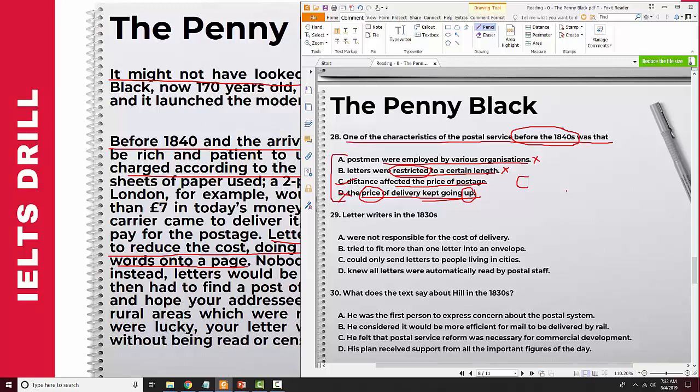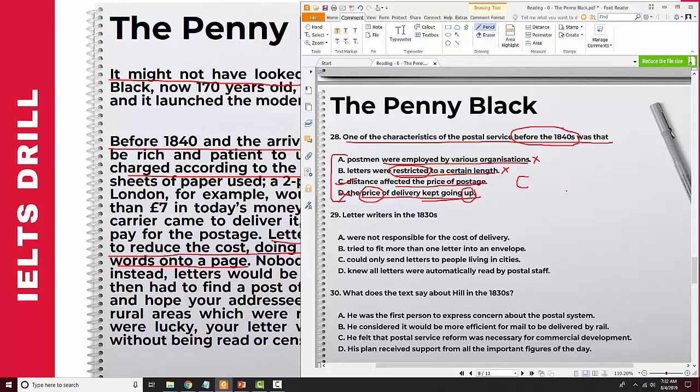So what do the test writers want? They want you to eliminate the wrong answers and select only the correct one. If you do that, you are double-checking your answer. Sometimes in the first go itself you know this is the answer, but it is still important to eliminate the other options.